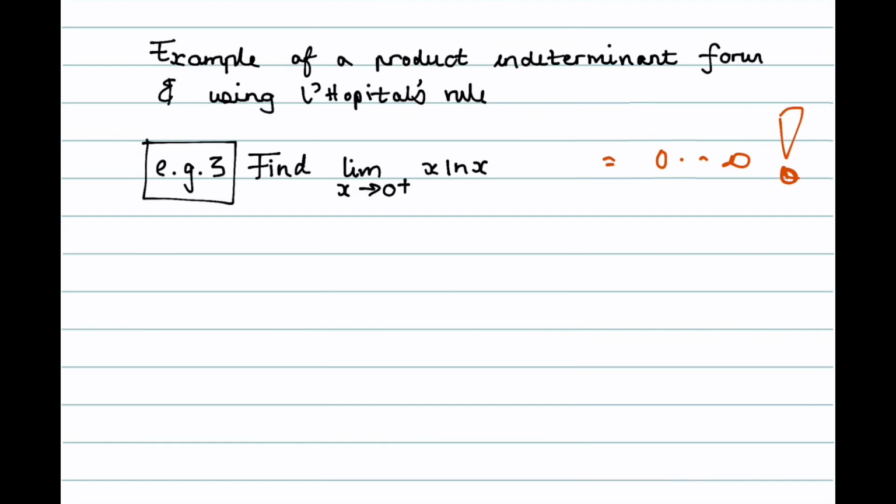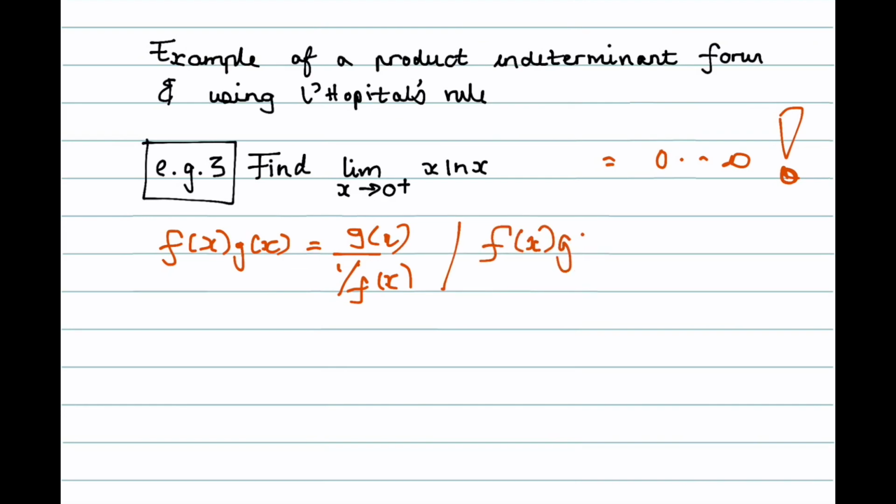Now, it's important to remember here that if we have a function f of x times g of x, this is equal to g of x over 1 over f of x, or alternatively, f of x times g of x is equal to f of x over 1 over g of x.